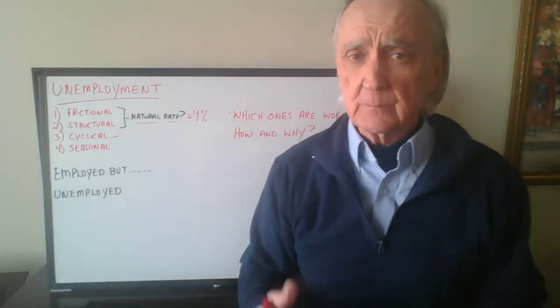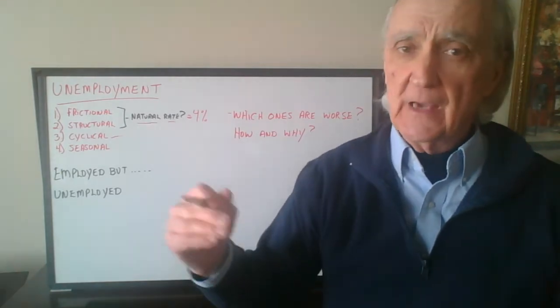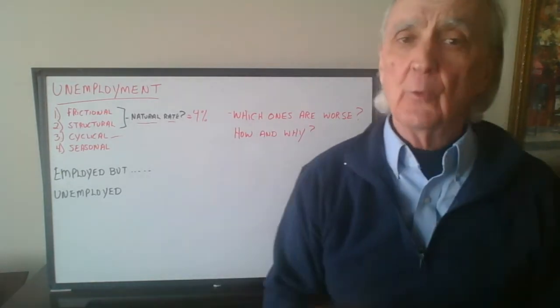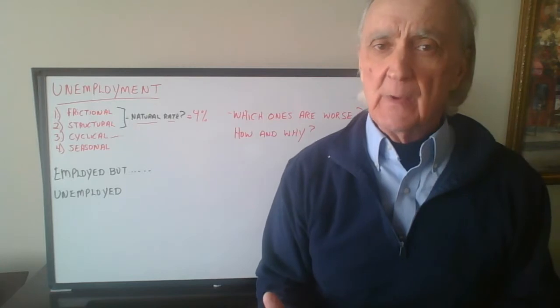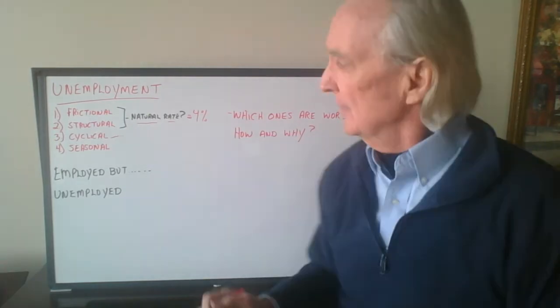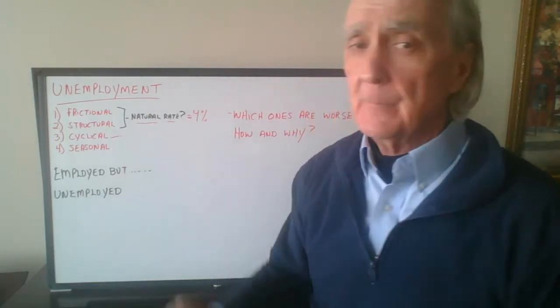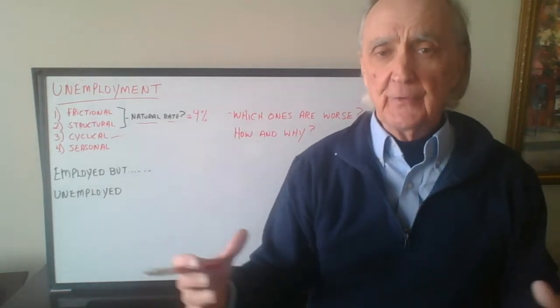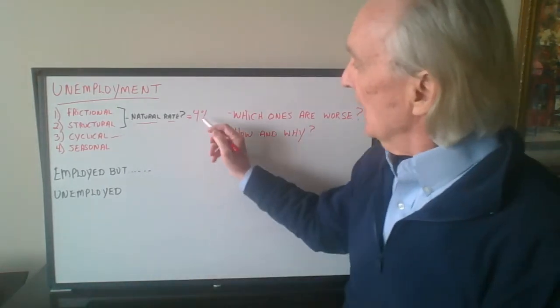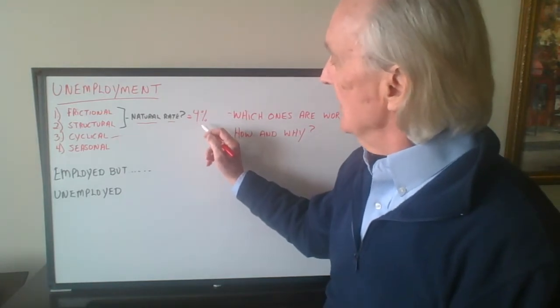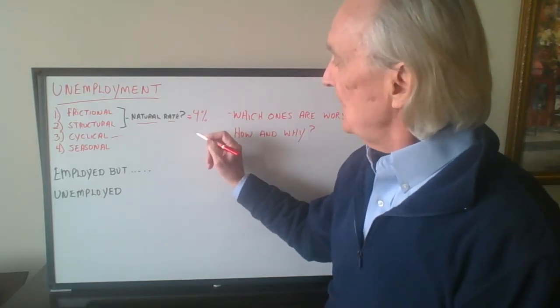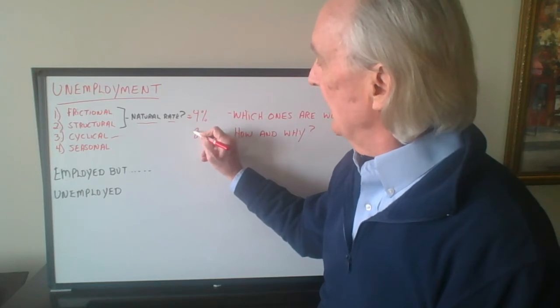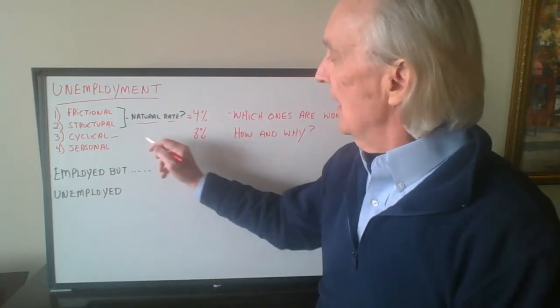Now, if the economy actually starts to slow down and goes into a recession, then we have the most severe type of unemployment, cyclical, okay? That means we are in a recession. Business is contracting, and what would happen here is that perhaps the unemployment might go up to 8%, okay, during a recession.